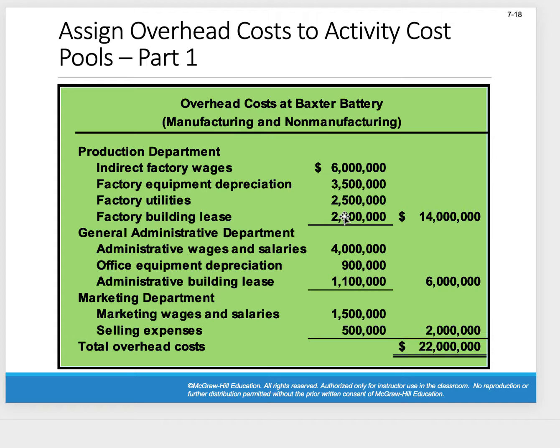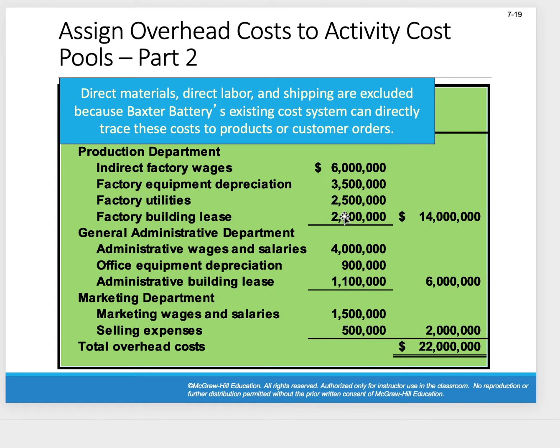Things like administrative wages and salaries, office equipment depreciation, administrative building lease, right? By us making batteries, we're consuming these overhead costs. We need these costs to make batteries, right? Marketing department, sales, right? Marketing wages and salaries, selling expenses, okay?